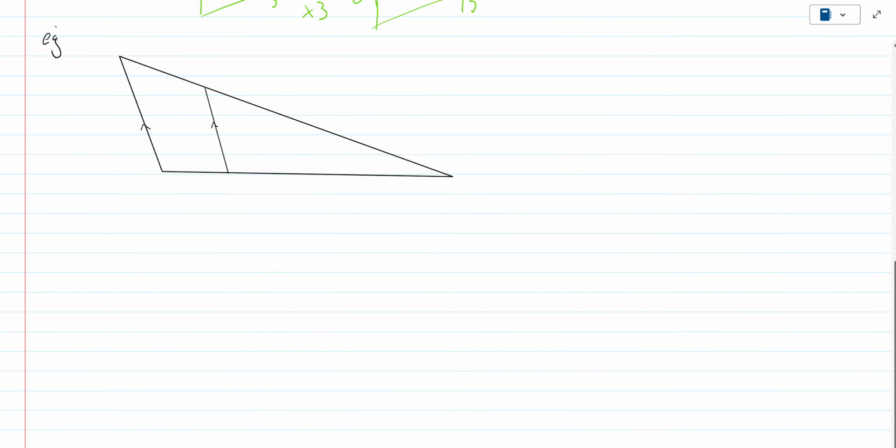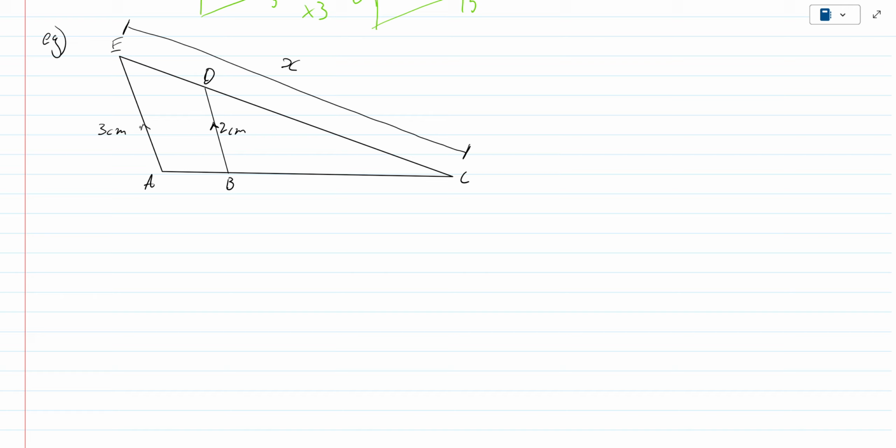In this example, we're given a triangle with a section line going through it. We're going to label this triangle ECA, because that's going to be point B and that's going to be point D. We're going to say that's an unknown length, but we know that length DB is 2 and length EA is 3.